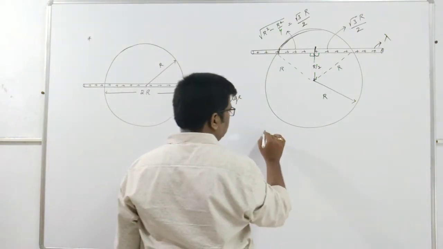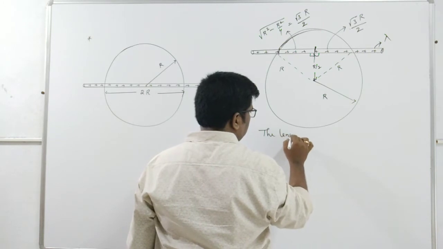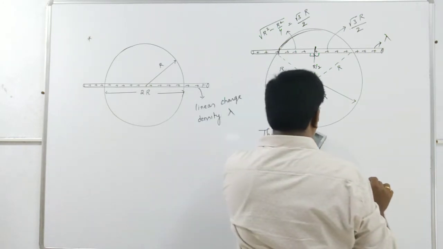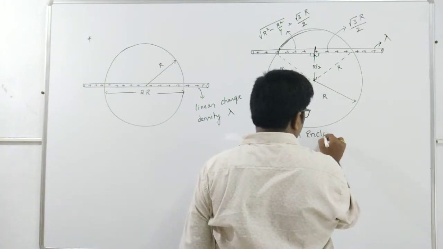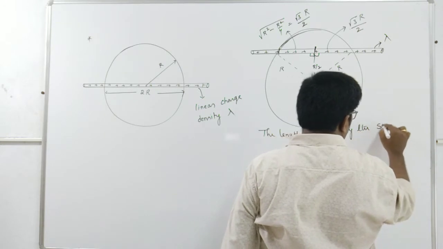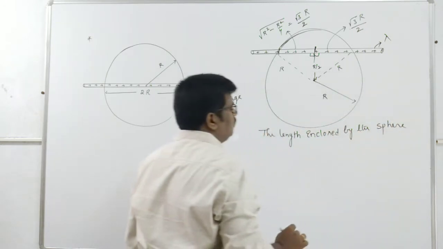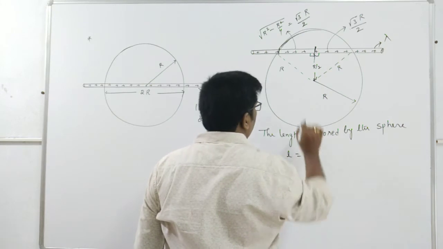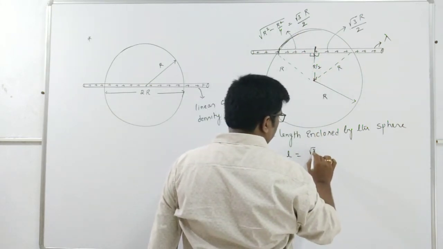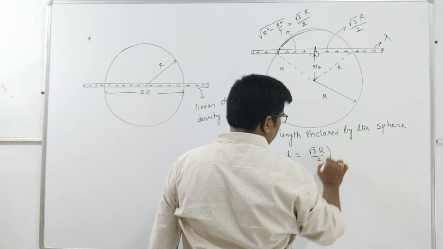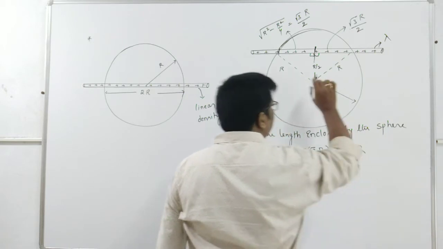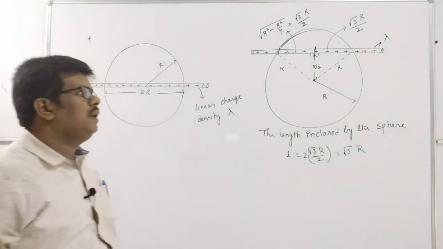The length enclosed by the sphere is L equal to root 3 r by 2 plus root 3 r by 2, that is root 3 r. So this is the length of the conductor enclosed by the sphere.